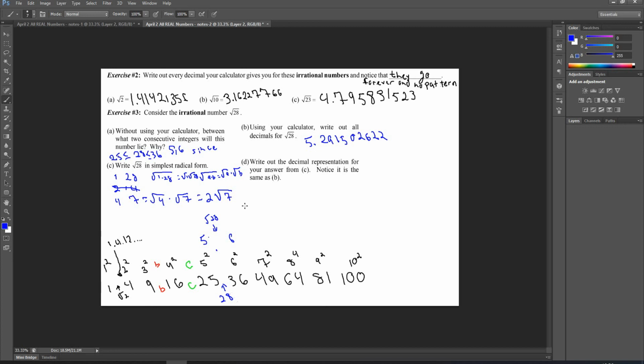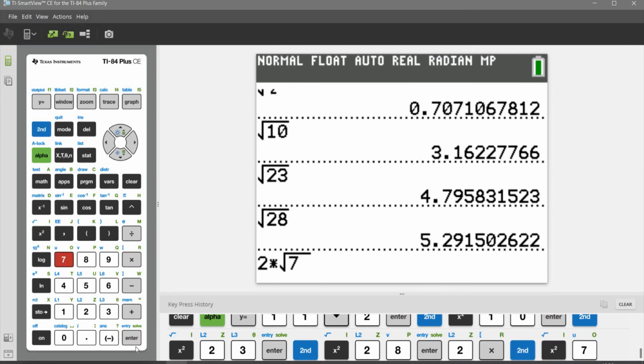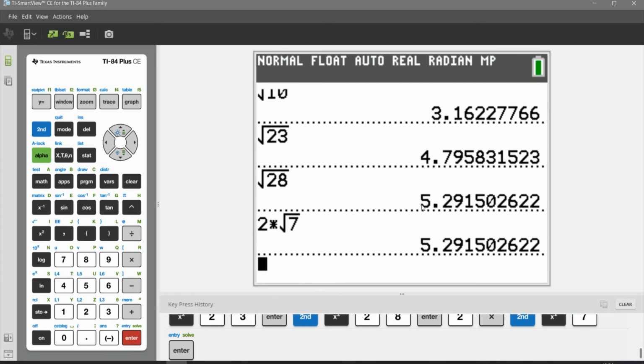So now, let's go back to our calculator. We have to do 2 times the square root of 7. And if we look, here's the square root of 28, here's 2 times the square root of 7, and they're the same. Just looking at the 2 values in the calculator, there's no difference. They mean the same thing.